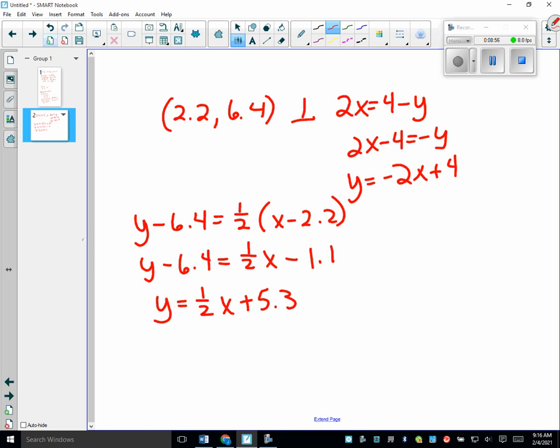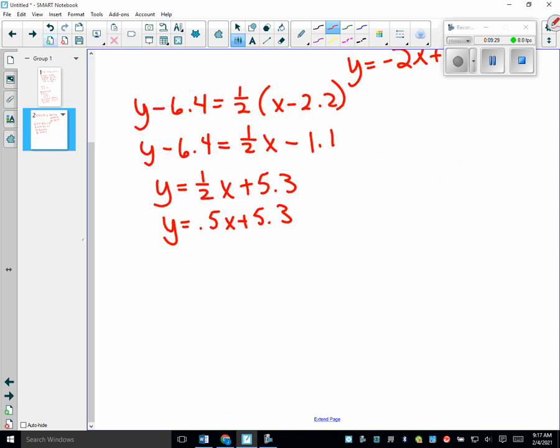Correct? Well, there's something wrong with this. And what is wrong with it? It is a fraction. I have fractions and decimals both. And I want to keep it the same. So can I change my 1/2 to 0.5? So y equals 0.5x plus 5.3.